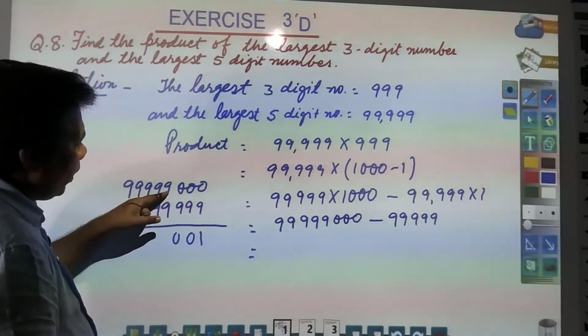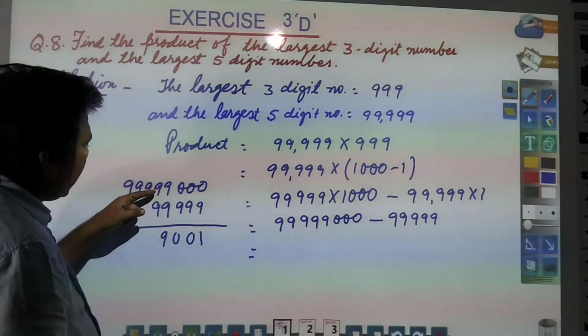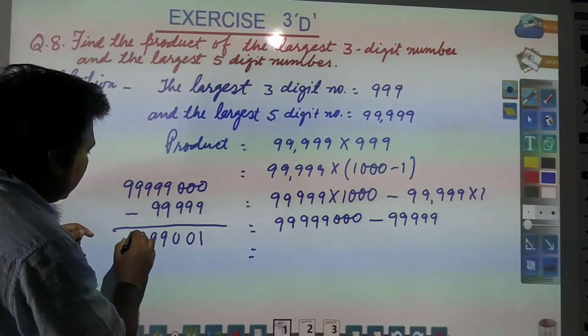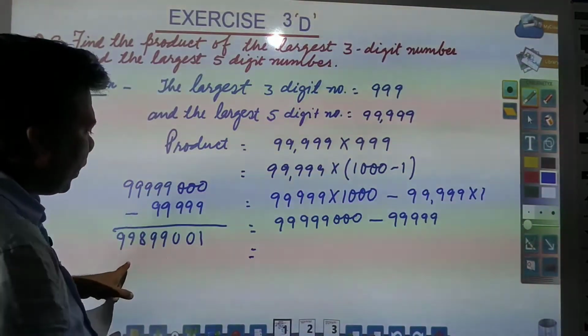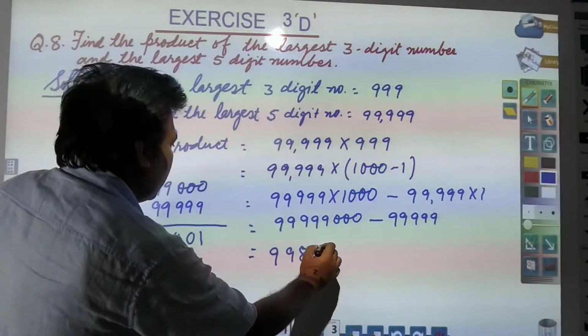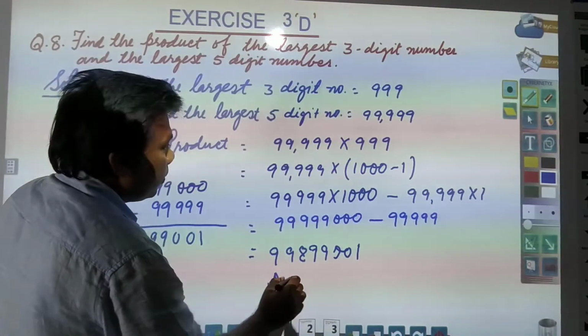Here you have 8, so it became 18, 18 minus 9 is 9 and 18 minus 9 is 9. Here you have 8 and then 9 and 9. So finally you have got 99,899,001 and this will be your answer.